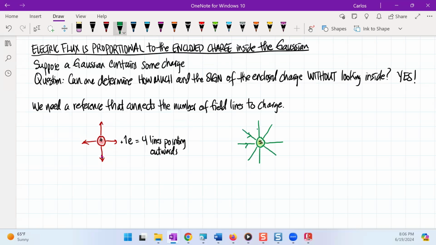But now it looks like they're coming into the charge, but they start at the charge and then flow out. So in other words, if I have a charge of 2e, I'm going to say that this is equal to 8 lines pointing inwards. And that's our reference.